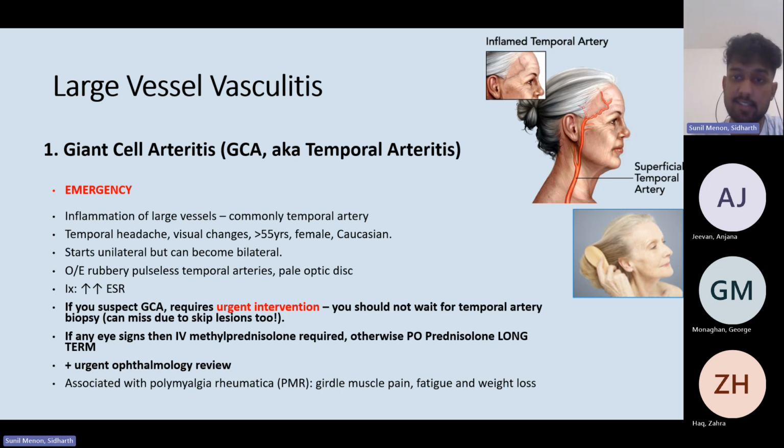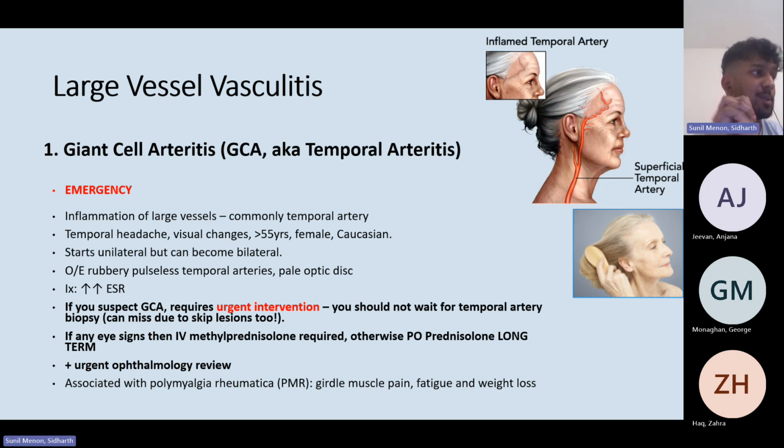You often see a raised ESR. Patients often describe a throbbing headache with pain on chewing and a tender scalp. Typically the patient is older, over 60 or so. It's usually rapid onset, with jaw claudication, as I mentioned. There's often an overlap with amaurosis fugax, which is a type of stroke.